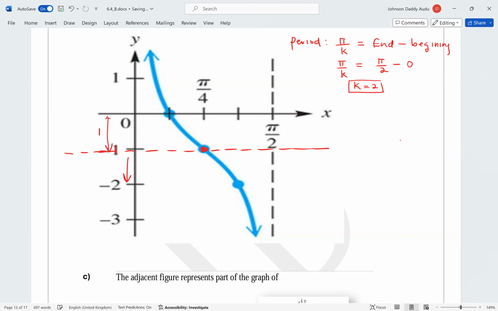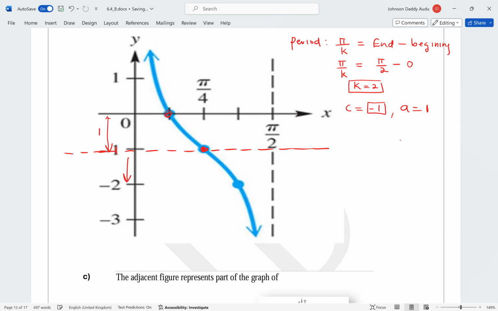So we can see that our a, or you can use the formula that a plus c has to be equal to m. But I don't want to use that m because this is not actually our maximum value, right? Because this graph does not have a maximum value. So one way to see your a is from your baseline. We can see that c is minus 1. So the difference between c and this point here is just 1. A is 1.